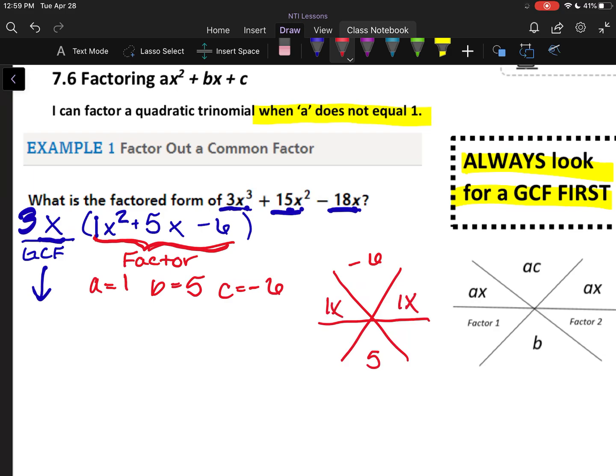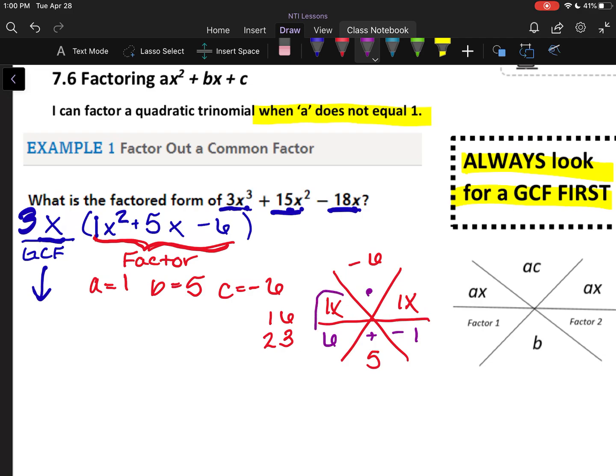I'm doing all of the inside factoring in red. Let's think what can multiply to be negative 6 but add to be 5. I'm thinking we got 1 and 6 or 2 and 3, but we want to add to be a positive 5. That's going to be a positive 6 and a negative 1. That adds to be 5 but multiplies to be negative 6.